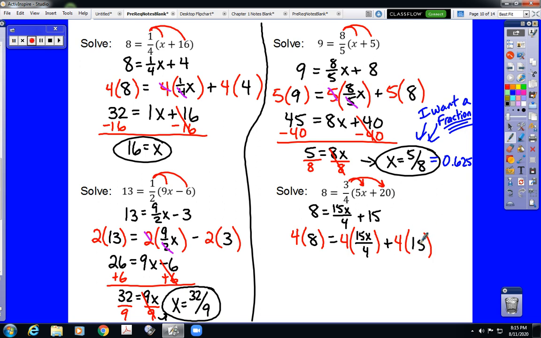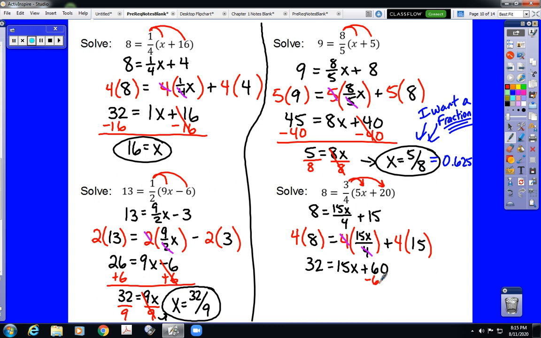Once again, when we do that, the 4's in the fraction and in front of the fraction will cancel each other out. I'm trying to get the right color coding here so it matches the rest of the notes. There we go. And we have 32 equals 15x plus 60.